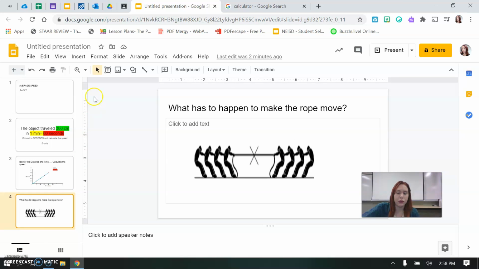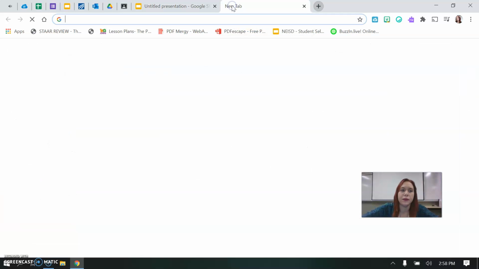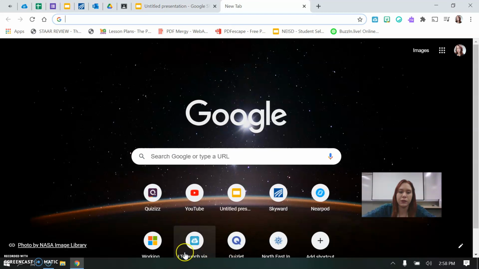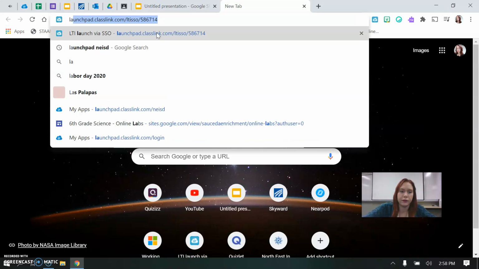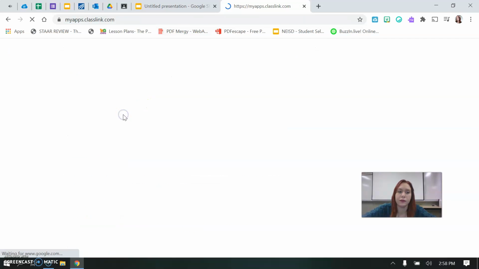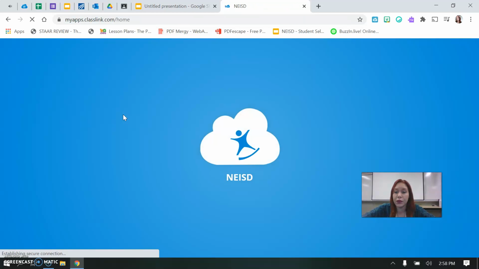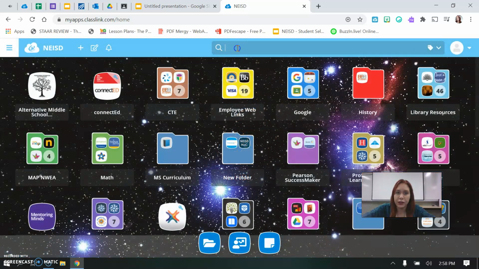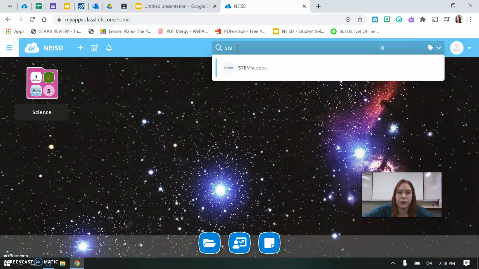So now that we've reviewed, I'm going to show you how to get to your quiz. Make sure you have a calculator before you take your quiz. You're going to open up your Launchpad. Once you get into Launchpad, you need to type in STEM scopes.